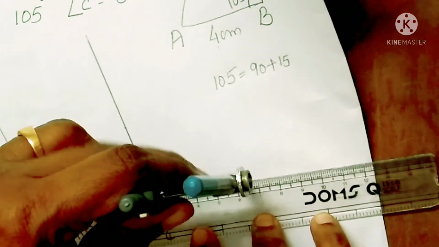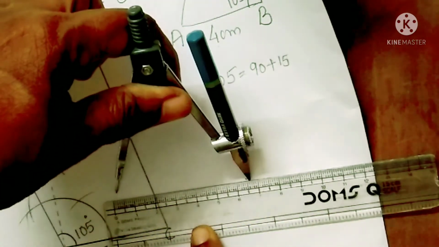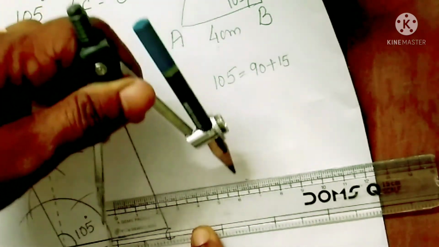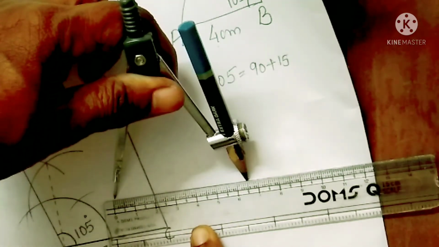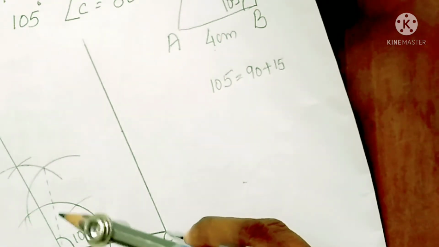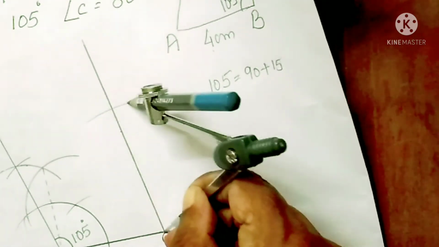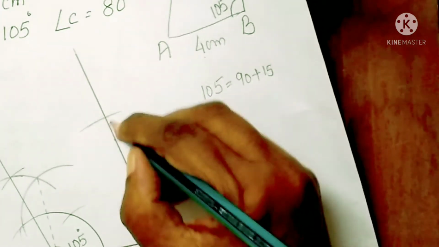See here, this point is 6.5, first you have to keep on 0 and 6.5. So from C cut one arc. So this is D.